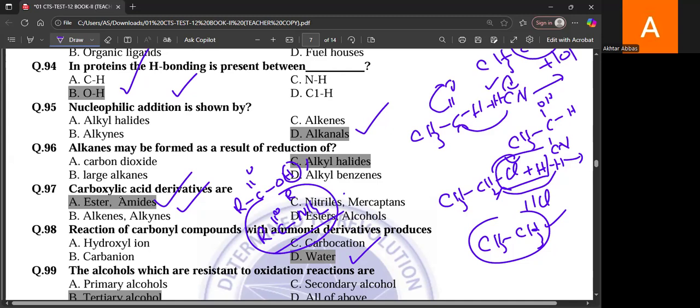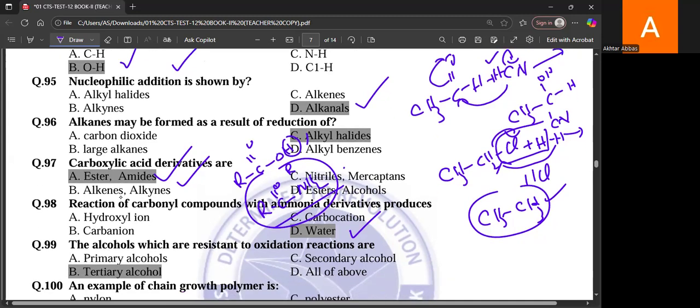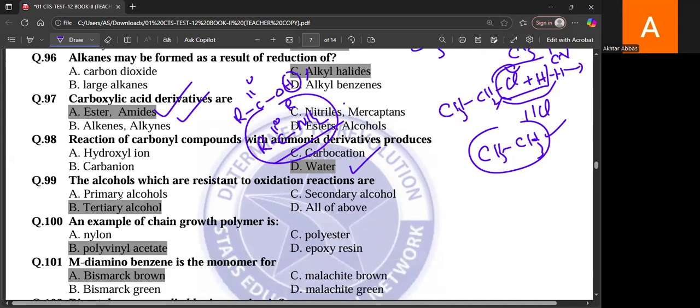So they only mention water, so your best option is delta. The alcohols which resist oxidation reactions are tertiary alcohols, because in tertiary alcohol no hydrogen is present on the beta carbon which forms water. So the best option is beta.